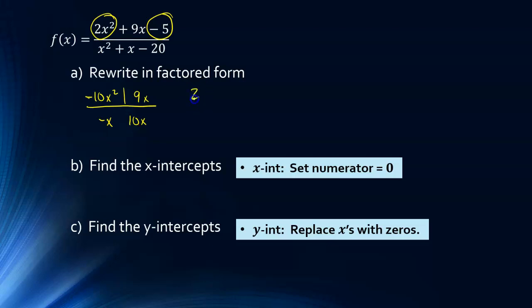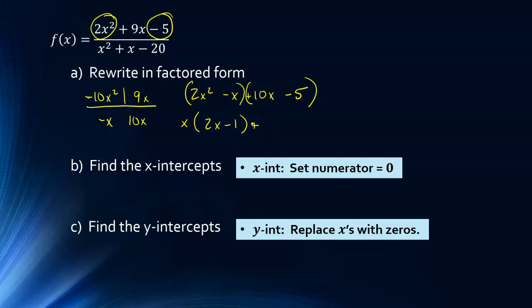All right, so I'm going to rewrite the 2x squared, and then I'm going to write minus x plus 10x. By the way, it does not matter what order you write the minus x and the 10x. If you switched them around, you'll still end up with the same answer. And then we put the minus 5 there at the end. And then we're going to factor this by grouping. So for the first group, factor out an x, giving us a 2x minus 1.